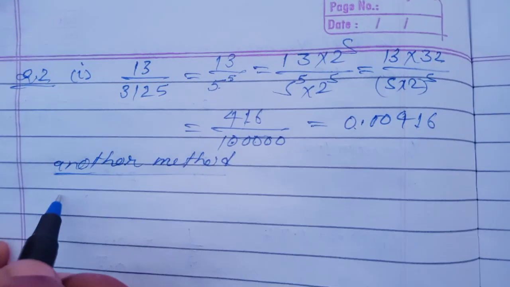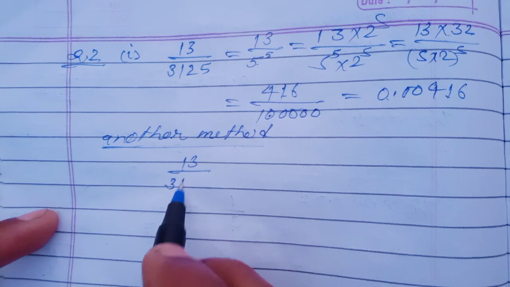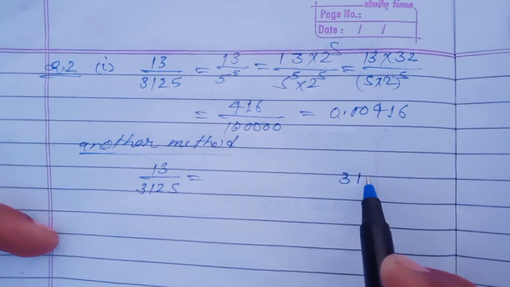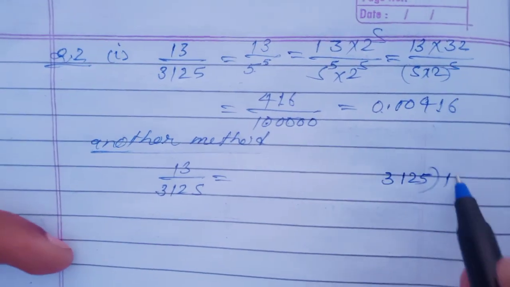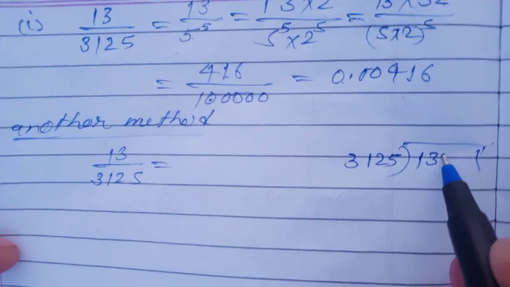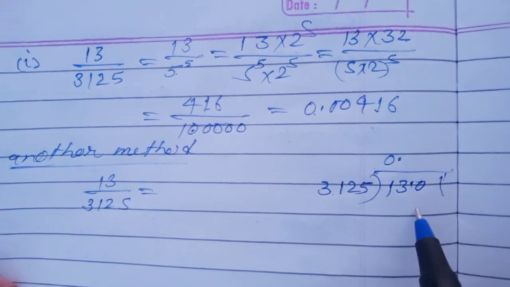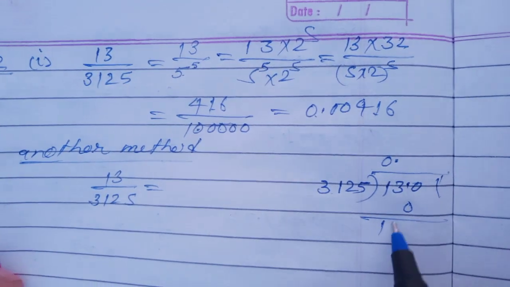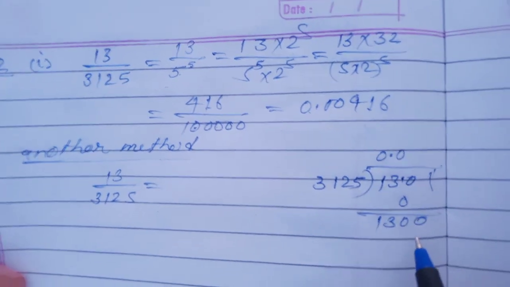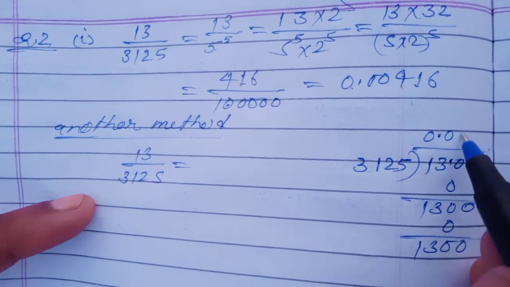Second method: divide the numerator by its denominator. 13 divided by 3125. Here 0, decimal, so 0 point. These 0s are what is left, 130, increase one 0, 1300, and one more 0.